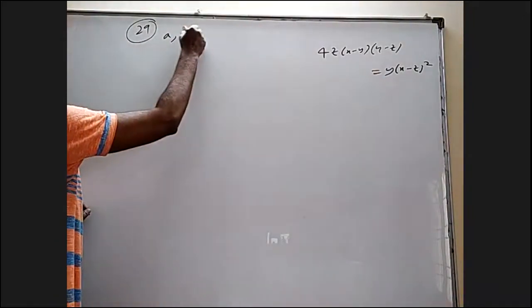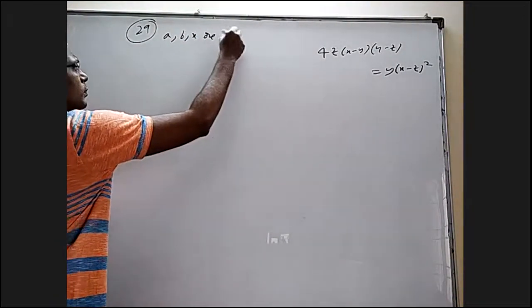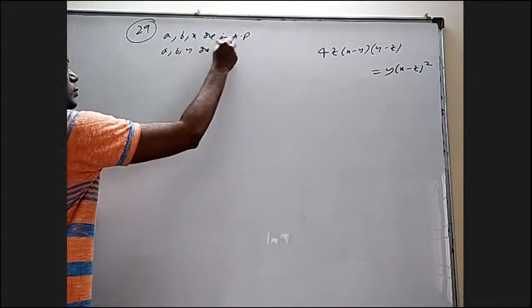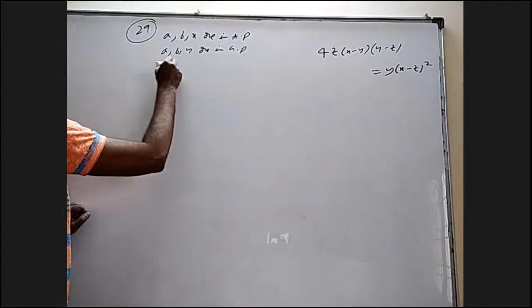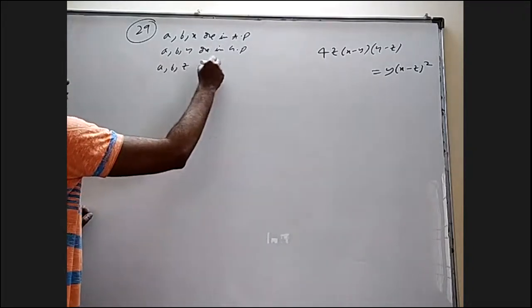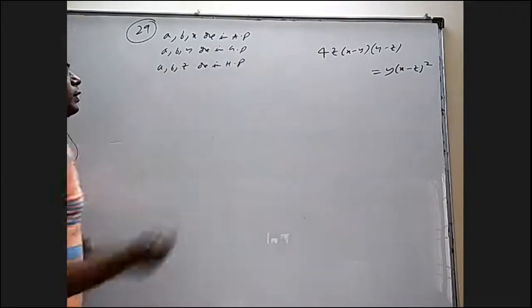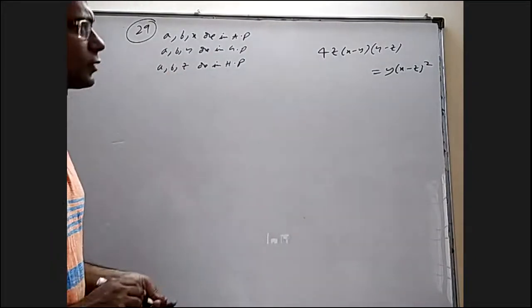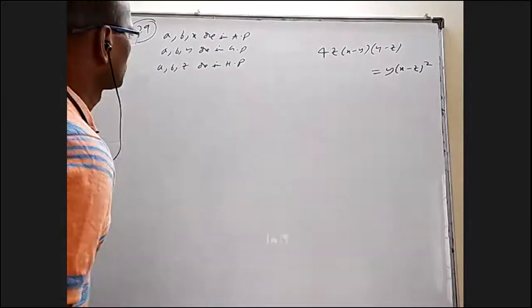A, B, X are in AP. A, B, Y are in GP. A, B, Z are in HP. Of course, we know what is X, what is Y, what is Z in terms of A and B. You can just substitute, we will get it. Otherwise, can we do something?